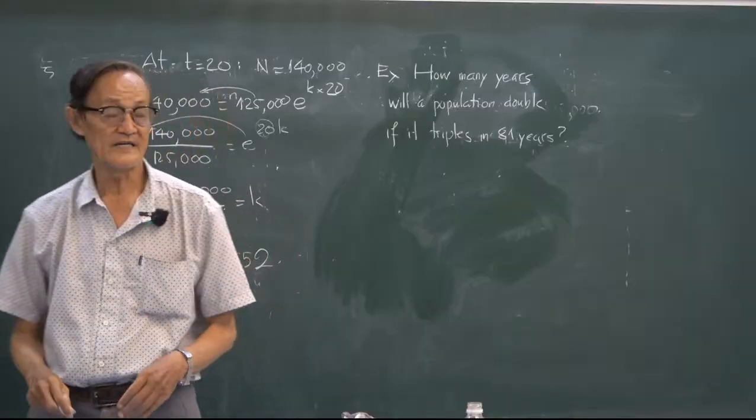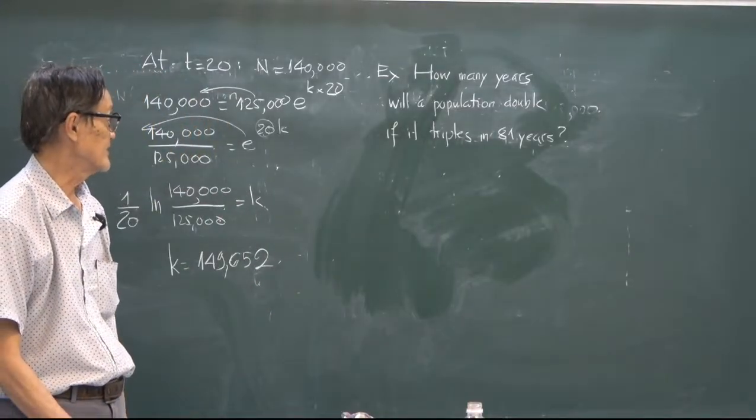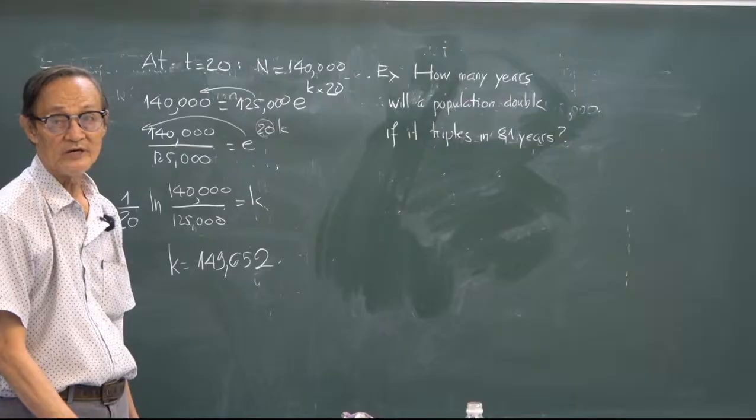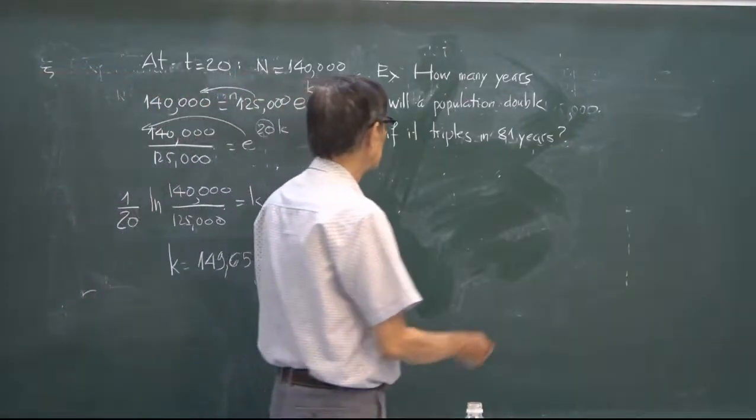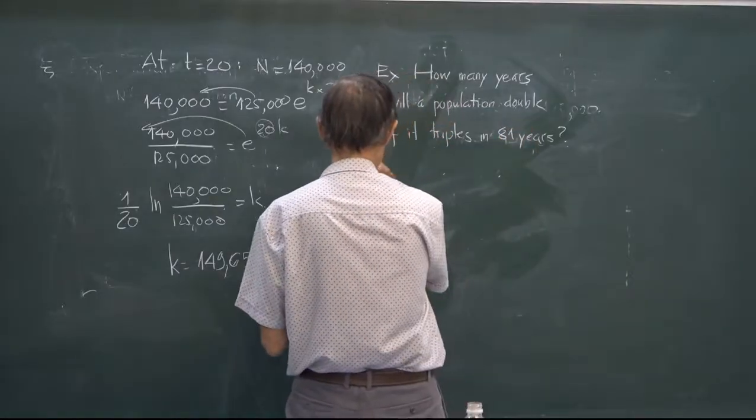It tripled in 81 years. How many years will a population take to double? Solution.